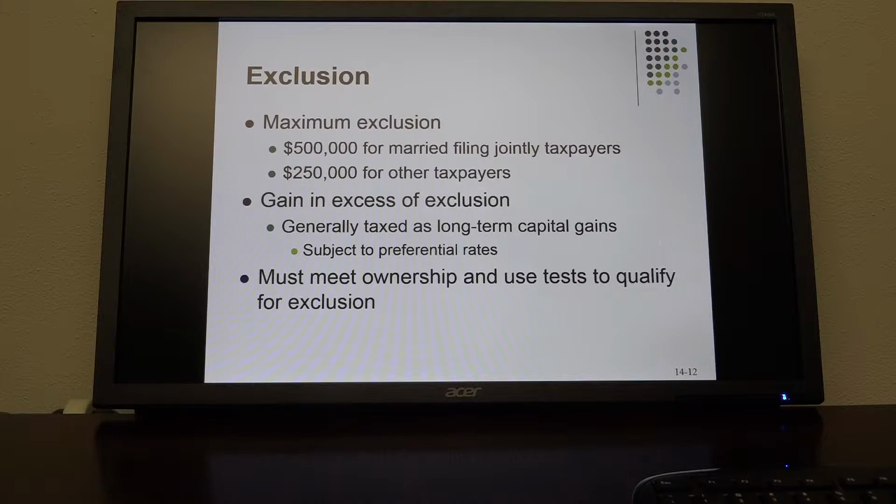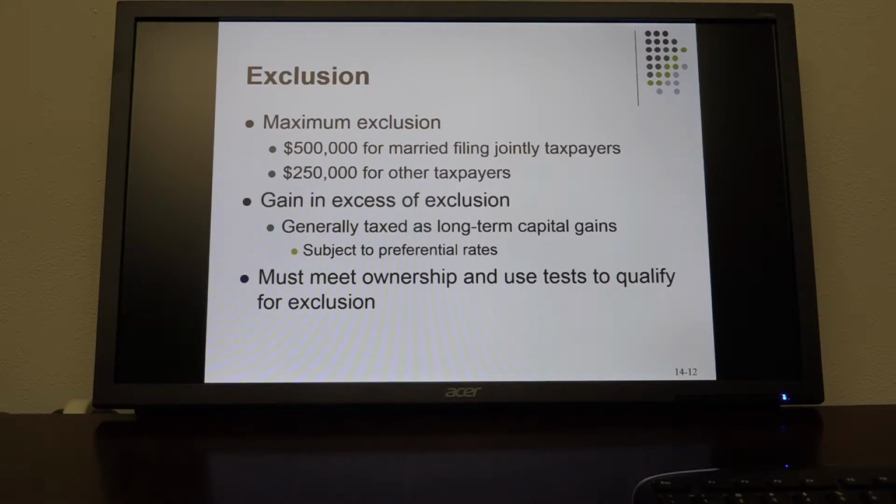Any gain in excess of the exclusion is considered a capital gain and taxed as a long-term capital gain. So at least it's subject to a preferential rate. It's not an ordinary gain that we're talking about.